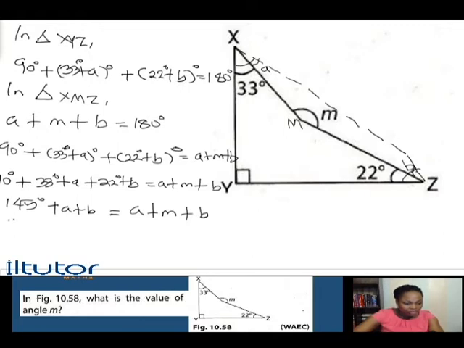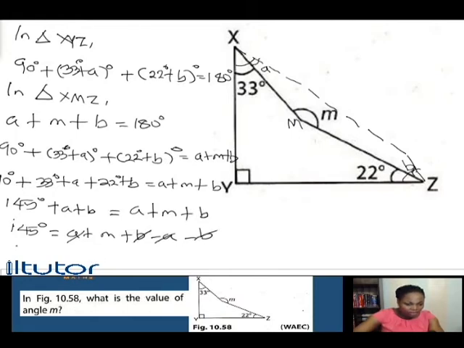So we have 145 degrees equals A plus M plus B. This A coming over to this side becomes minus A, and this B coming over to this side becomes minus B, so that this minus this is gone and this is gone.